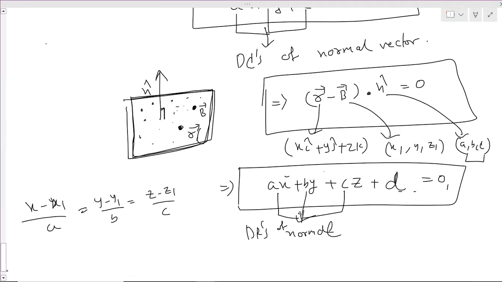For different values of x, y, z, you will get different points. Yes, sir, got it. Please note it down.